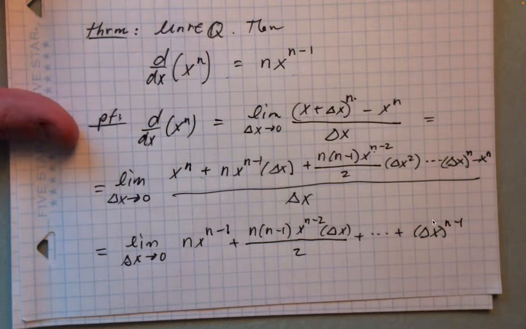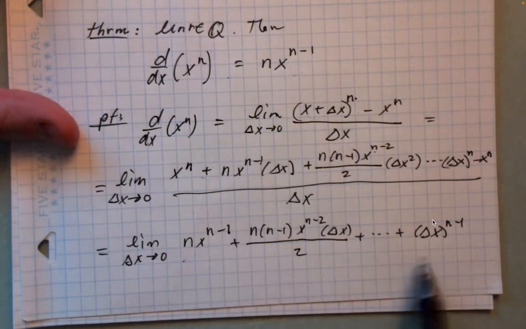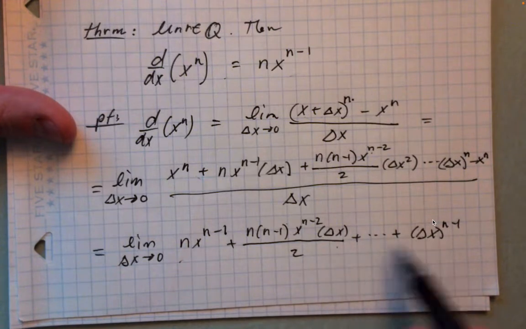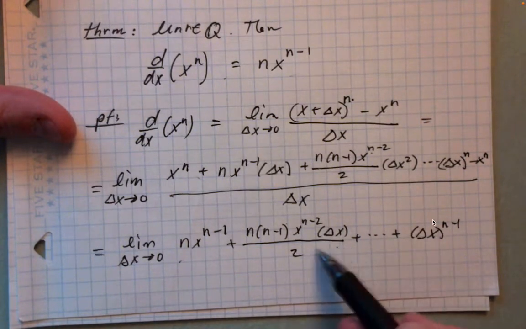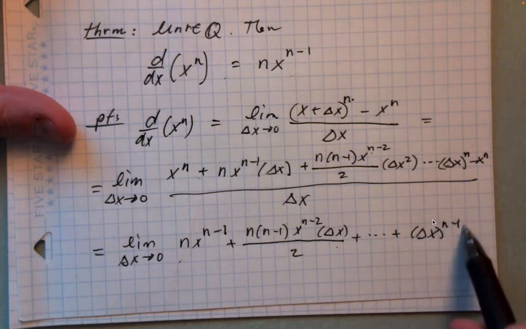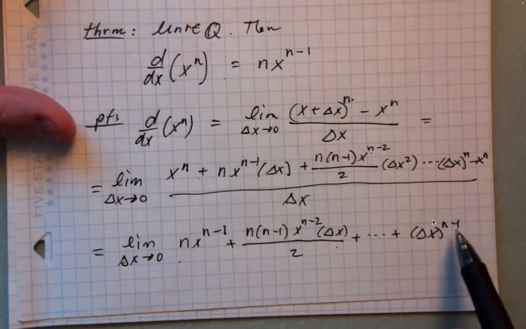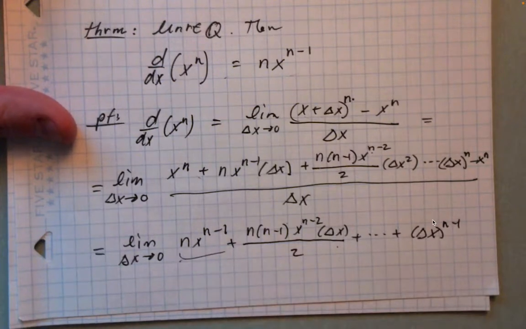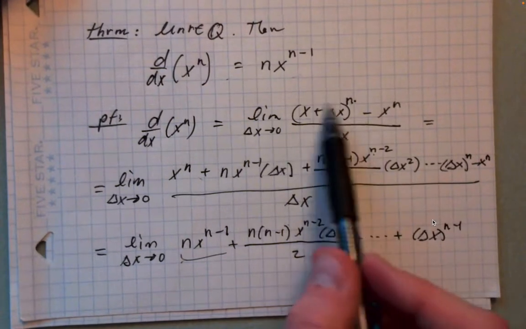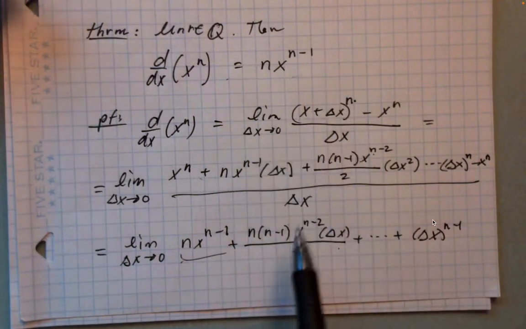Now what you'll notice here is that every term in this expansion has a delta x in it. So you see one here. The next term would have delta x squared, and then delta x cubed, and so on, until the final term would be just delta x to the n minus 1. Except this leading term is the only term in this expansion that doesn't have a delta x in it.